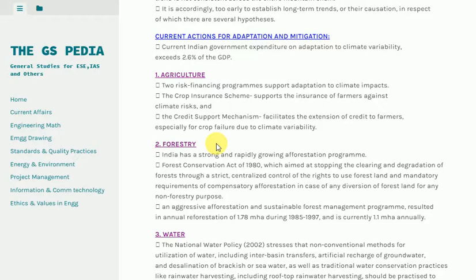An aggressive afforestation and sustainable forest management program resulted in annual reforestation of 1.78 mha during 1985 to 1997, and is currently 1.1 mha annually.